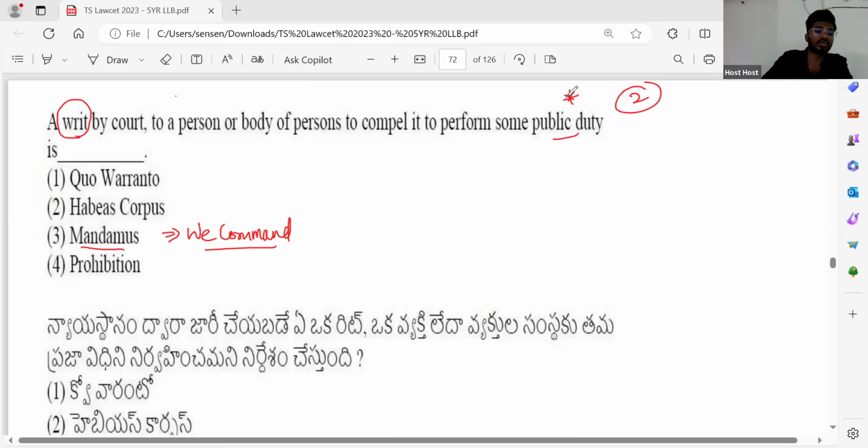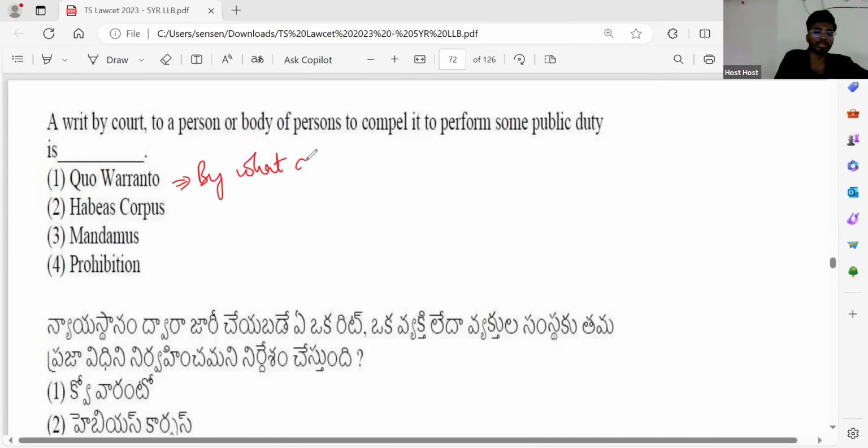Now, other writs are also given over here. Let us talk about that as well. Quo warranto. Quo warranto means by what authority? It means that whenever a public official is sitting in an office where he is actually not eligible, or where he is not at all a part of it, right?